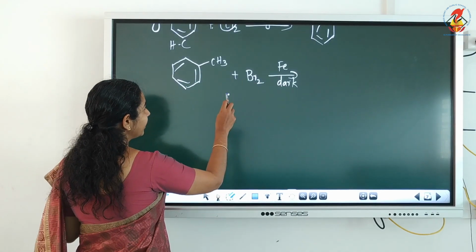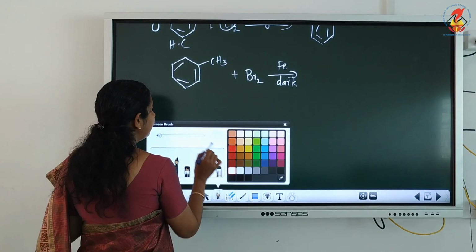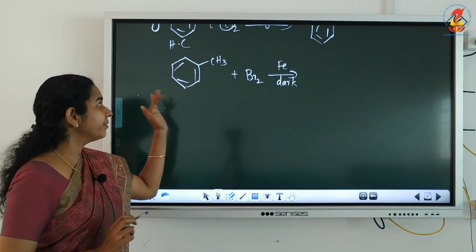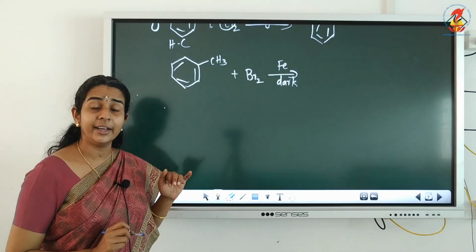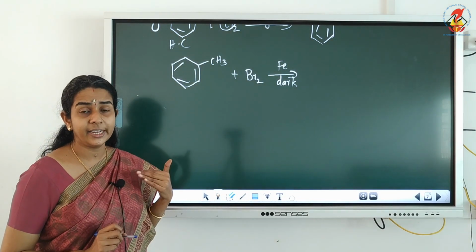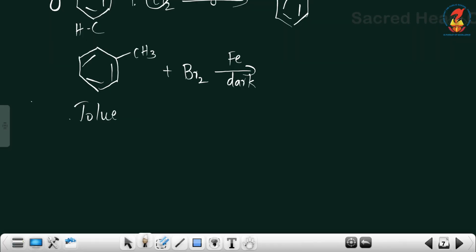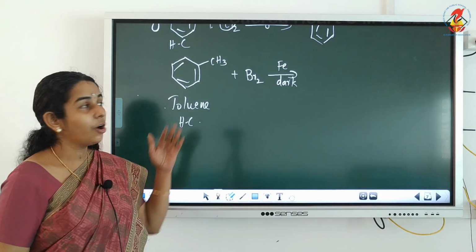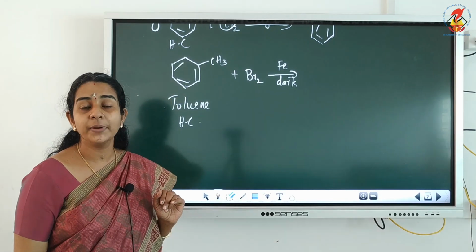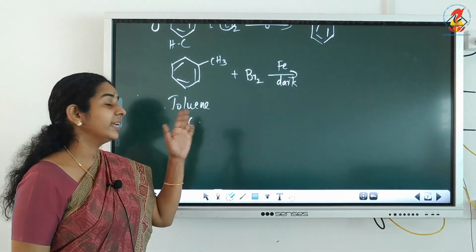But if you look at the second example, it is not a simple benzene ring, it contains a methyl group. What is a benzene ring containing a methyl group? It is methyl benzene, or yes, we know that it is toluene, but still it is a hydrocarbon, on reaction with bromine in presence of iron or in dark.